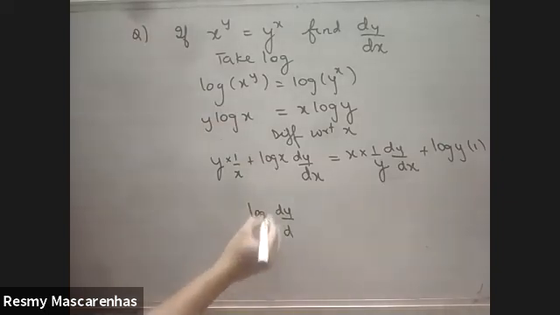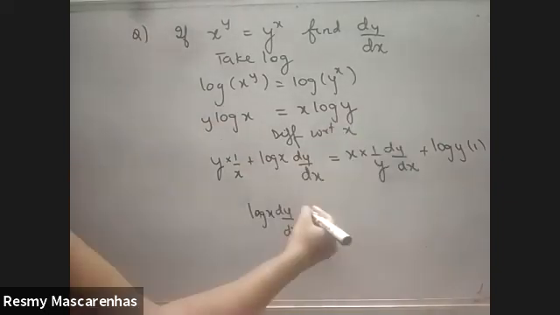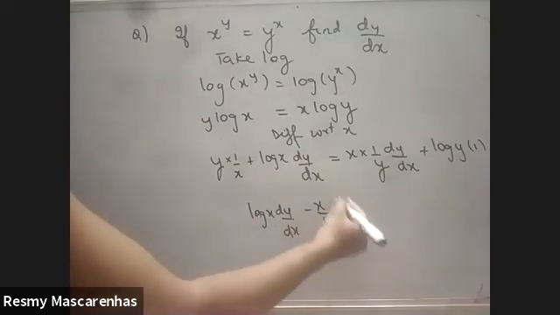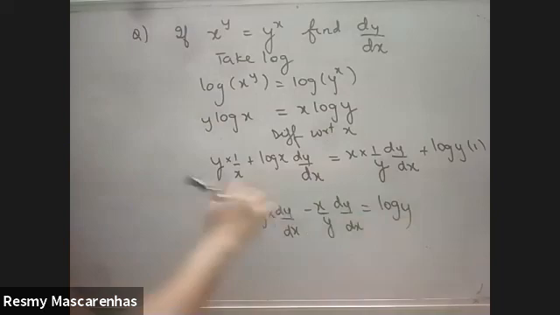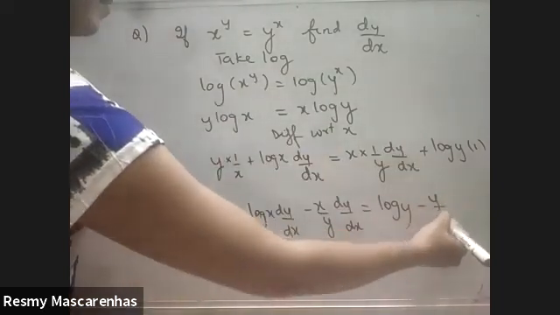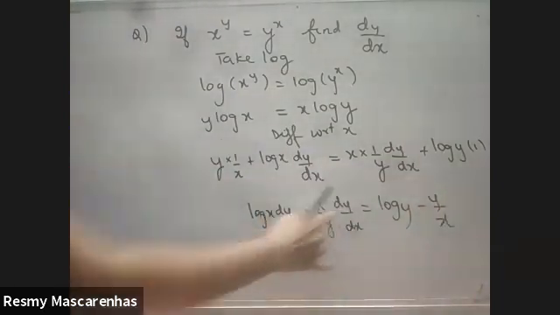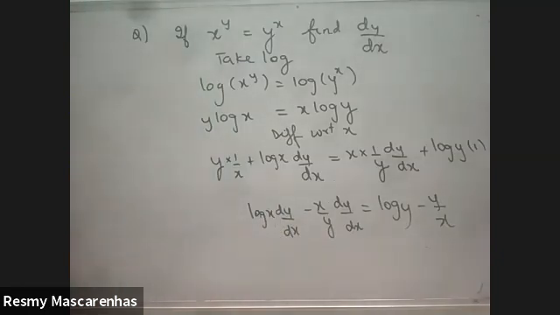Log x, this one, and this term taking on the other side. And then you take dy by dx common. Whether you want to write in front or this side doesn't matter.